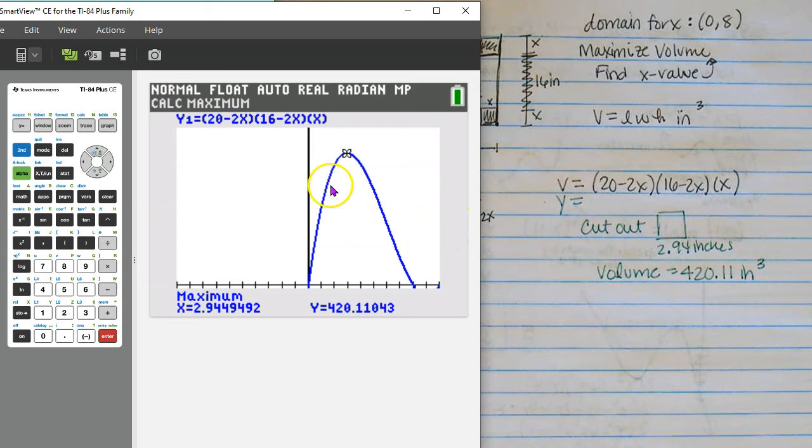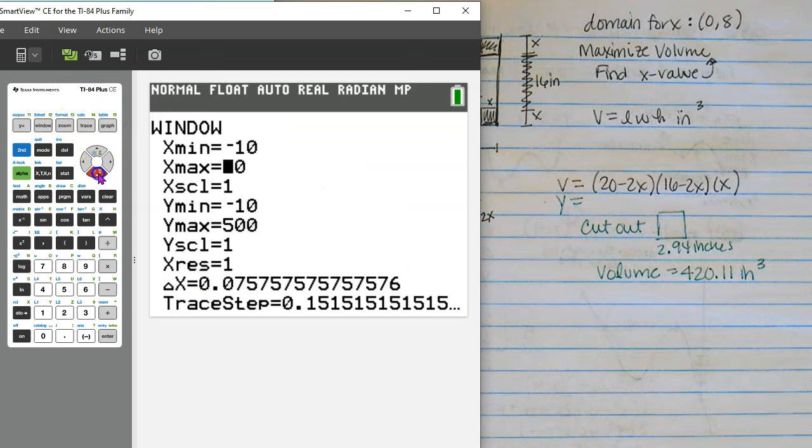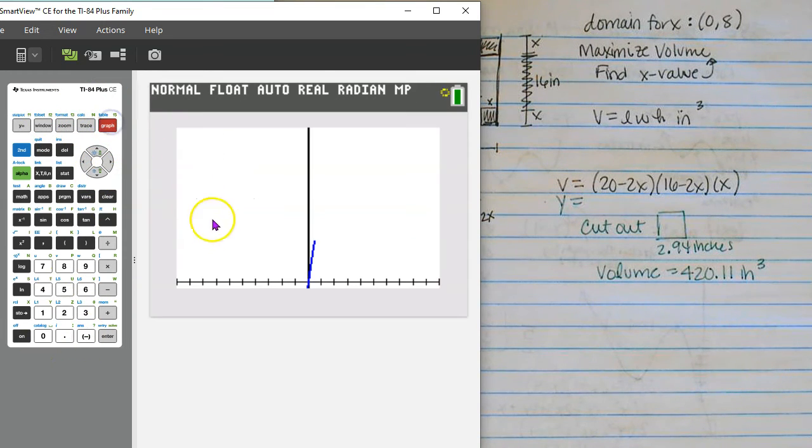If I cut out less, I'll have less volume. If I cut out more, I'll have less volume. And if I cut all the way out to 8 inches, I would have 0 volume. I can't have negative volume, so those values are not important to me. I don't need to see more in the negative, because it doesn't work for the context of this problem.